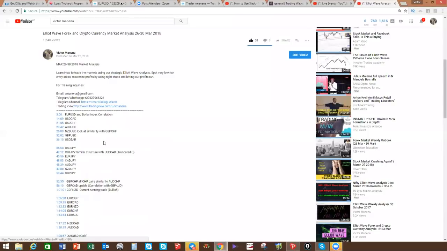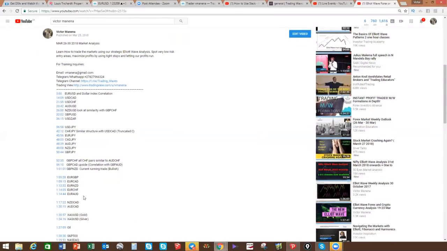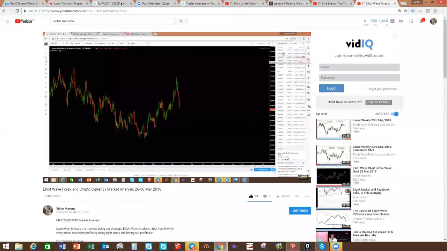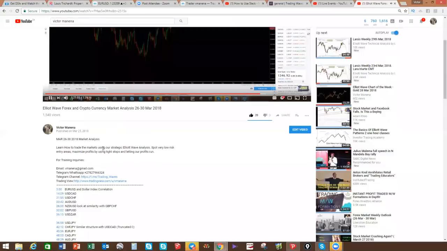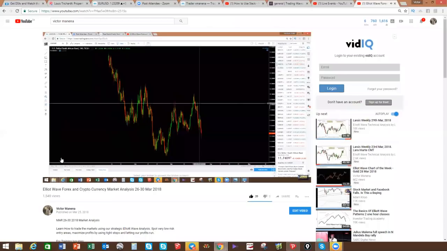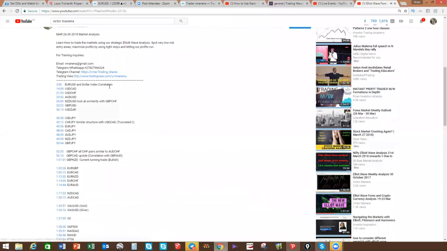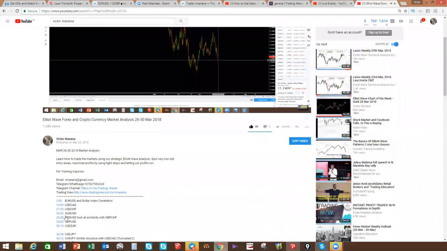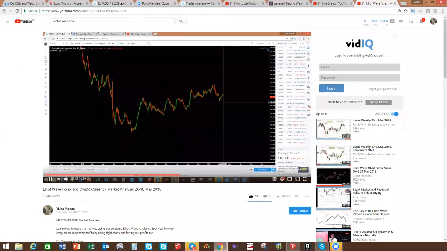So when you want an analysis, for example on gold, you just look for gold. This is XAU US dollar, which is gold. You just click on it and you see it starts right on gold. Similarly, if you're looking for US dollar ZAR, or any other pair, like pound JPY, you can always refer to this.